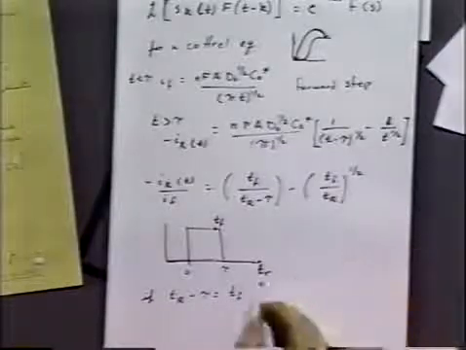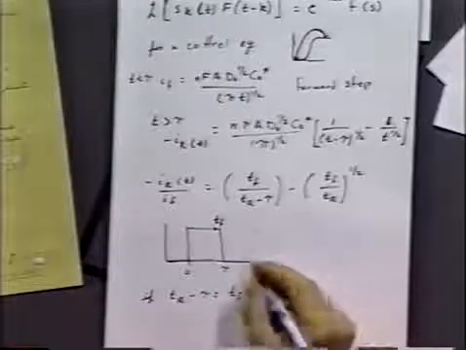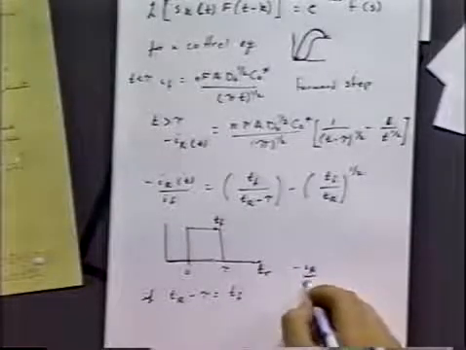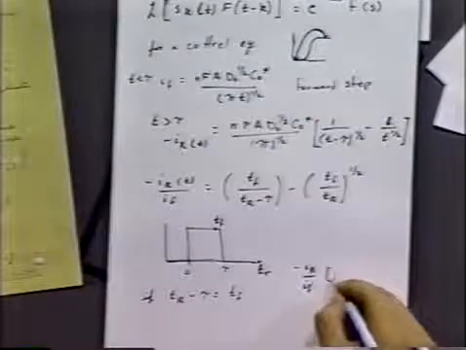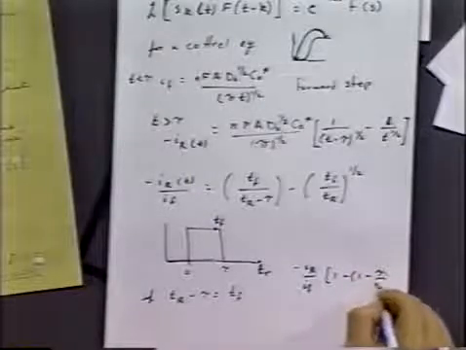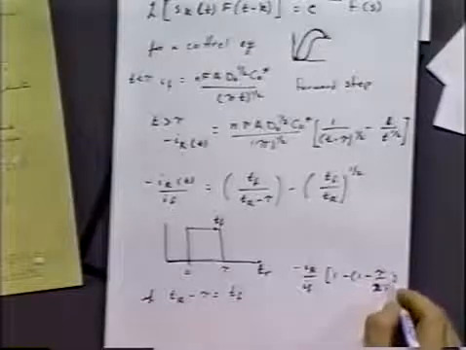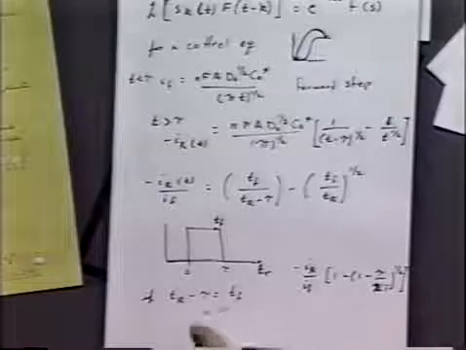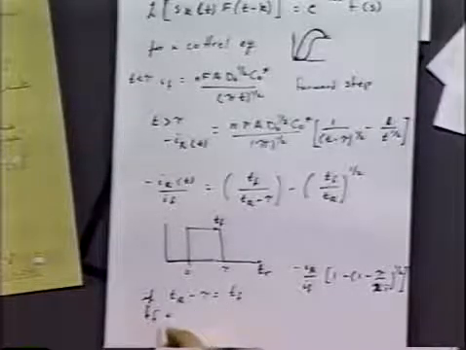At that point, when that's the case, we get, and you can easily verify this, an expression like this, 1 minus 1 over tau over 2 tau to the 1/2. In other words, T sub f would be equal to tau in that case.